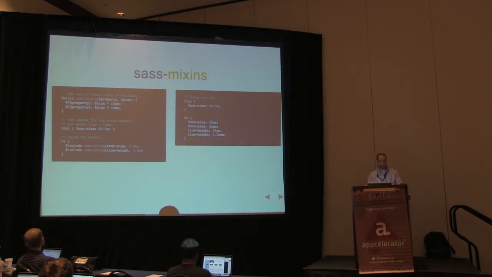And in Sass, the way that you use your mixin is you say @include, the name of your mixin, and then the arguments that you need. So first we're going to call font size, and we're going to pass in 3 rems, right? So what gets outputted is a font size of 30 pixels, and then a font size of 3 rem.